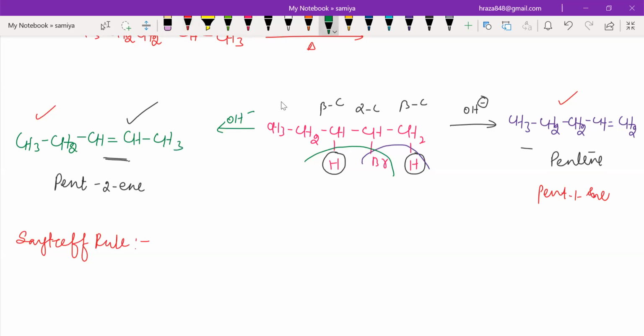Now I'm going to write the Saytzeff rule, and it's very easy.